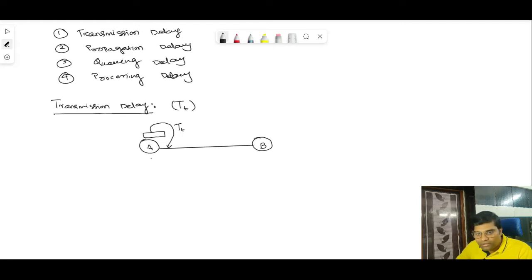I am not talking about the truck moving from the source to the destination, that is a different delay, but the time taken to load the parcels into the truck is transmission delay. Likewise, the time taken to put this packet on the transmission link or outgoing link is called transmission delay.